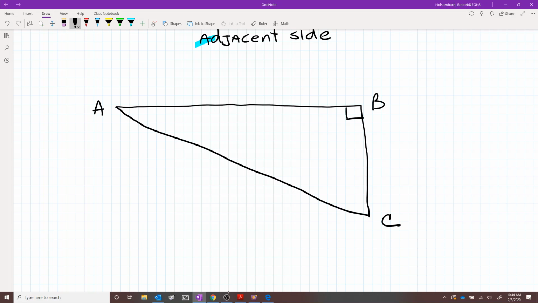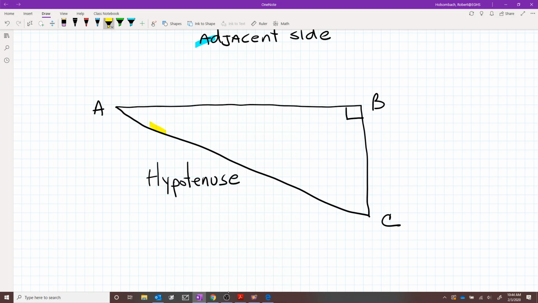Now, in a right triangle, what is the side opposite the 90 always called? Good. You better say hypotenuse. Hypotenuse.